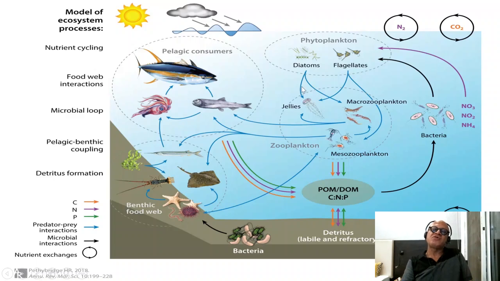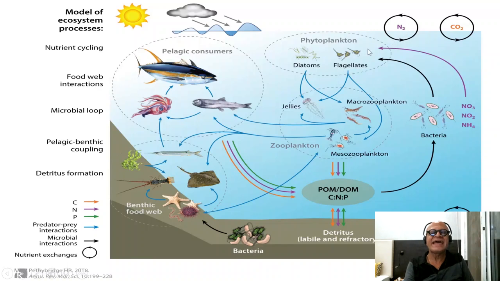So in terms of history, the original predator-prey models of marine ecosystems started as simple so-called NPZD models: nutrient, phytoplankton, zooplankton, and detritus kind of boxes. Over time, they have gotten more and more sophisticated and complicated, and they obviously have to do exchange of gases with the atmosphere like CO2 and nitrogen.